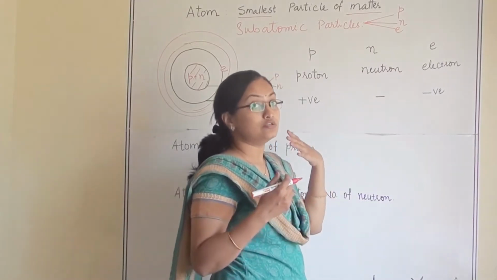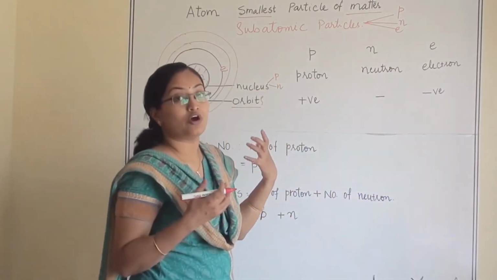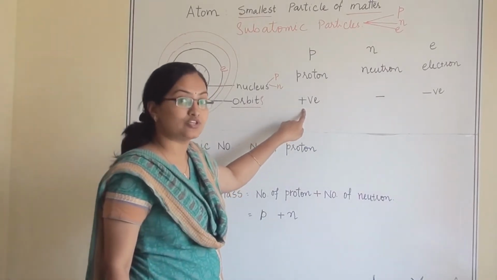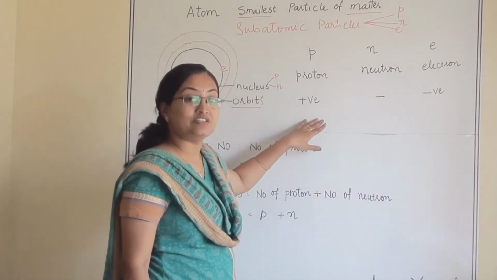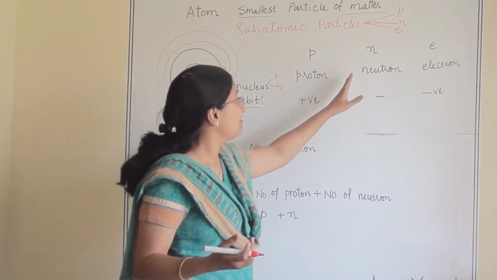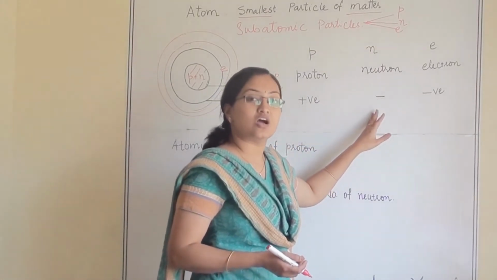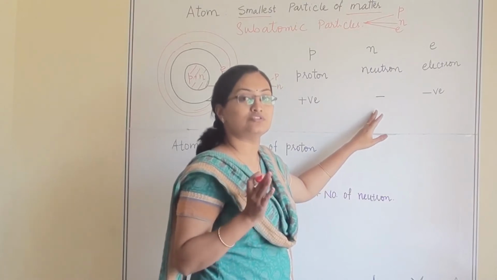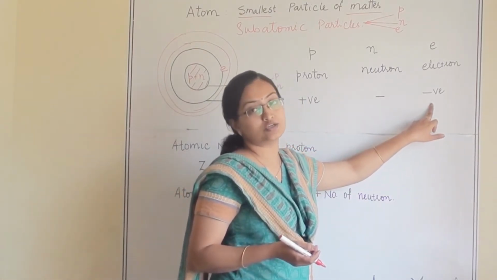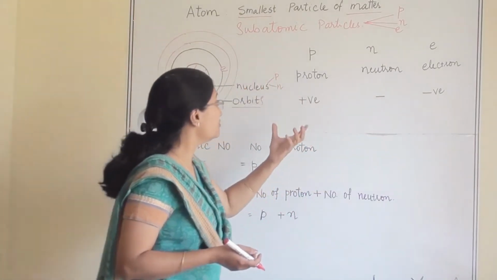If we look from the perspective of charge, proton is a positively charged particle. Whereas neutron is chargeless, without charge. Whereas electrons are negatively charged particles.